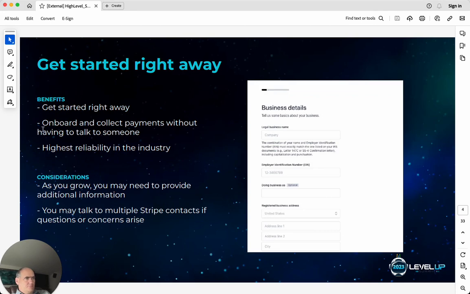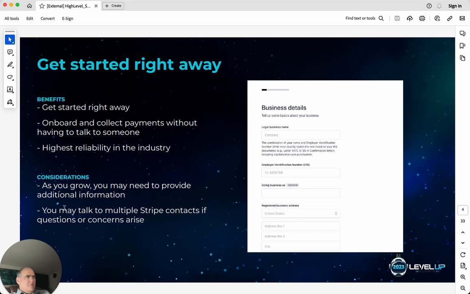Right away they talk about setting up your business details, and it's not clear exactly which details you need when. I know it has some things as optional.